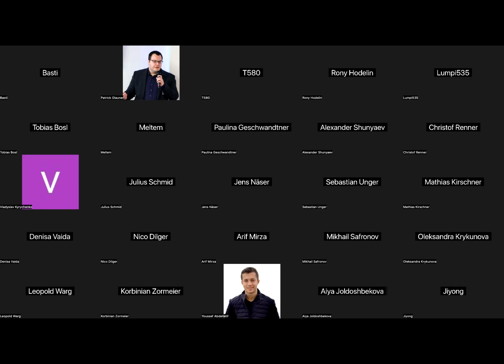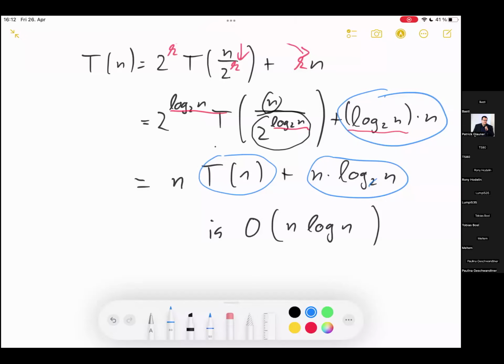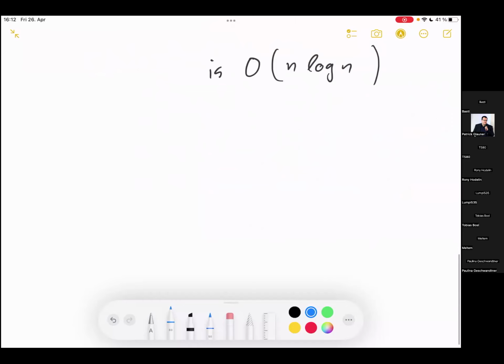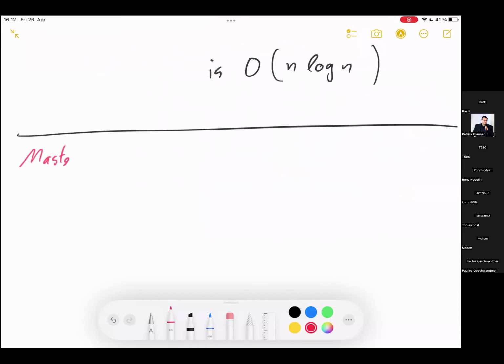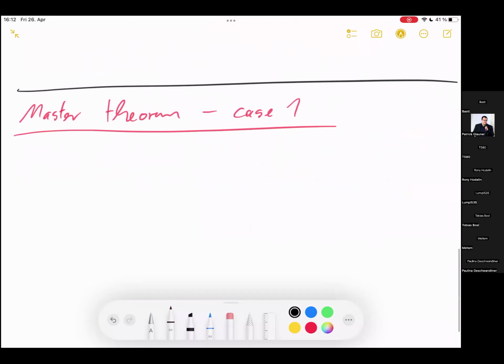And then this will be more clear to you. So this is the master theorem, case one.